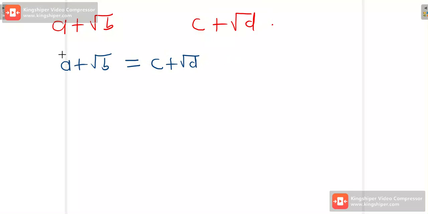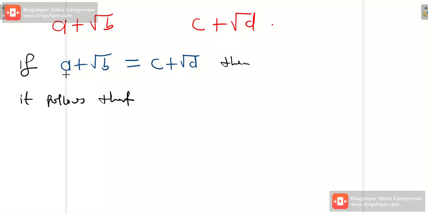Then it must follow that the rational part has to be the same.